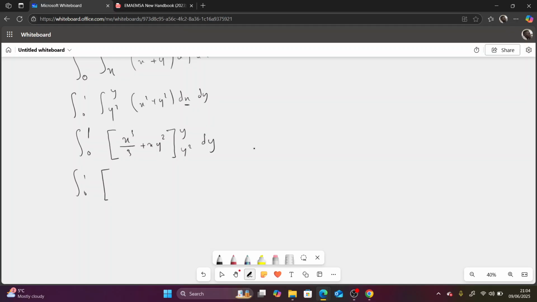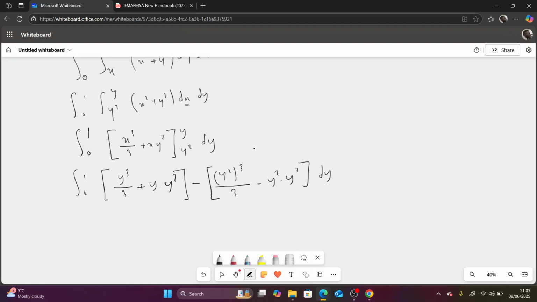Upper limit, I will have y to the power 3 over 3 plus where this x is substituted by y times y squared, minus lower limit will be, now we've got y squared, multiply by 3 everything by 3, minus y squared times y squared.